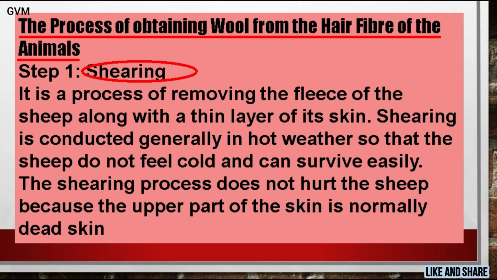This process is generally conducted in hot weather so that the sheep do not feel cold and can survive in adverse conditions also. And students, in this process the sheep doesn't get hurt, because only the upper part of the skin is removed, and that part is basically dead skin, so the sheep doesn't get hurt.